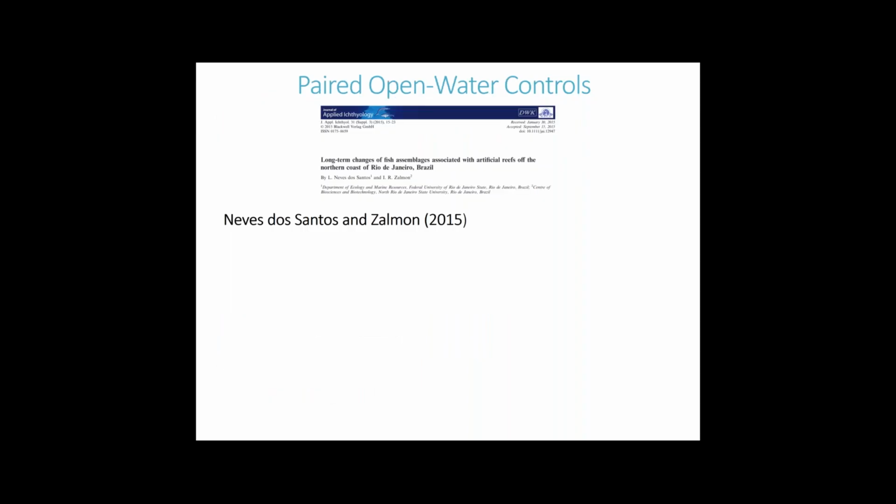So the big question we've always had is, what do we use for open water controls? Well, there was a paper published in 2015, Neves dos Santos and Zalmon, where they assessed artificial reefs versus open water habitats. How far away from a reef do you have to get before it no longer becomes a reef-associated community?